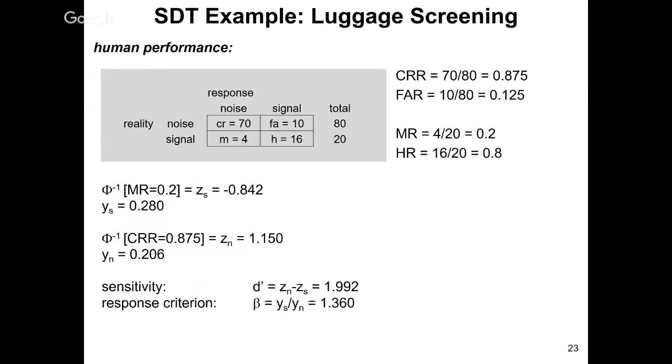So this is our YS. Let's just write the number too: 0.280. And this is our YN, 0.2206.